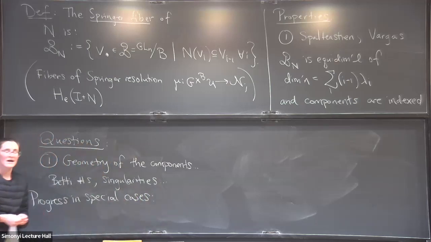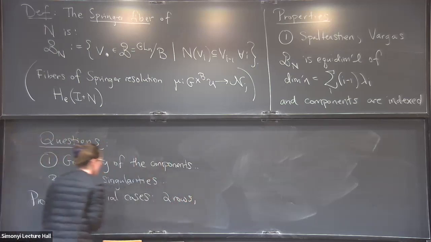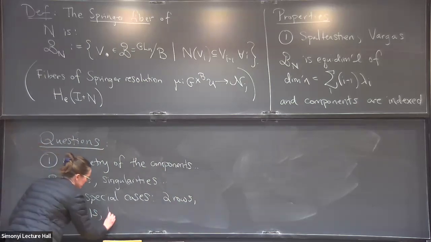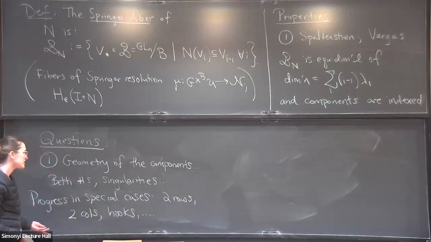So if my partition has 2 rows or 2 columns or is a hook, then a lot of these questions are answered in really satisfying combinatorial ways, but there's no overarching rule that we can give. So 2 rows, 2 columns, hooks, et cetera.